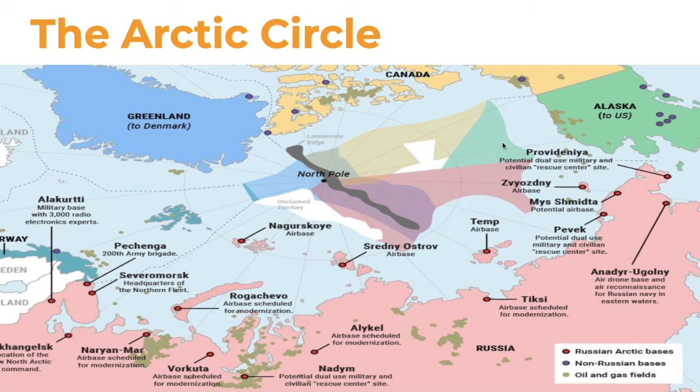So these other countries, the United States, Canada, Denmark, and Norway, are all part of NATO, the North Atlantic Treaty Organization. This is what we call a supranational organization. A supranational organization is when 3 or more countries come together for a collective goal, a collective effort. And in this case, it's for military defense.